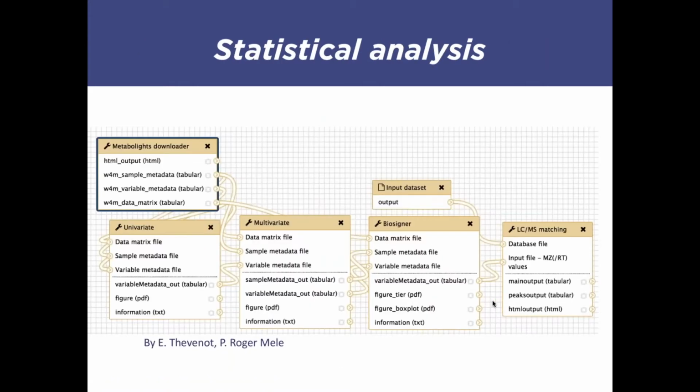And as I mentioned, we have statistical analysis workflows to be able to take the results that you have from an MS or NMR setup and be able to do the statistical post-processing, mostly developed by our partners at CEA at Paris in France.